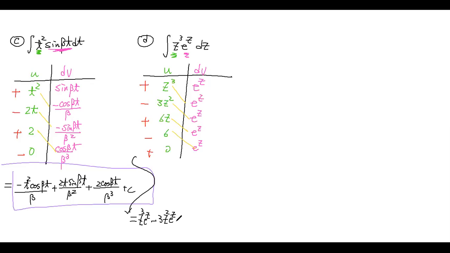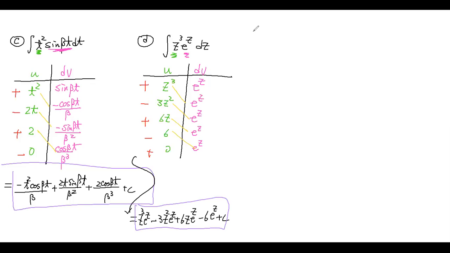There's a plus, so plus 6z e to the z. Then minus 6 e to the z plus c. So it's pretty cool. It's easy and very organized, and the chance to make a mistake is very small.